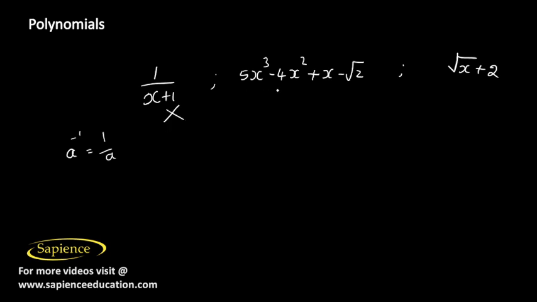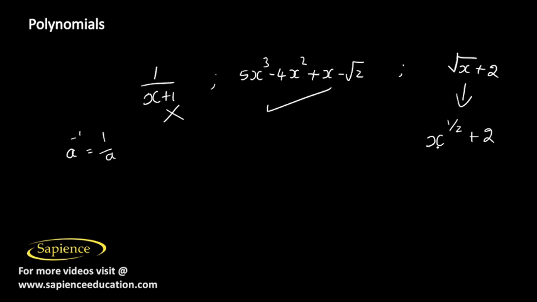Now let us look at this example. All the coefficients are real numbers and all the exponents are whole numbers. So this is a polynomial. And this example, the coefficients are real but the exponent of x here is not a whole number. This can be rewritten as x to the power 1 by 2 plus 2. 1 by 2 means square root, 1 by 3 means cube root, and so on.